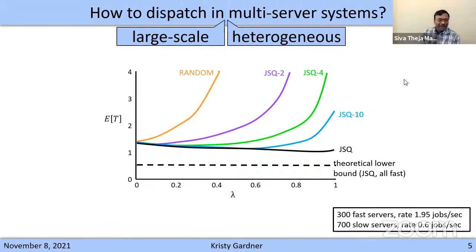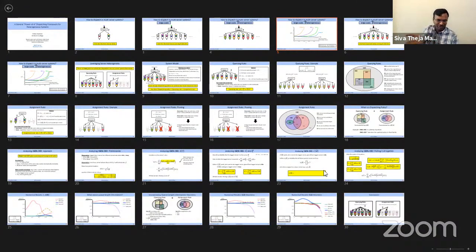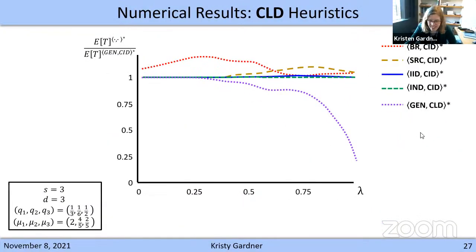Cool. My second question is about the CLD stuff that you talked about at the very end. You walked us through the calculations you did to find the optimal CID policy. Did you repeat the same calculations in the CLD setting in order to find the best CLD policy, to eventually make this plot? The purple one. Yeah, a lot of our ongoing work is about doing the analysis of the CLD policies. I think we would probably have to ask Jazim exactly where this line came from.